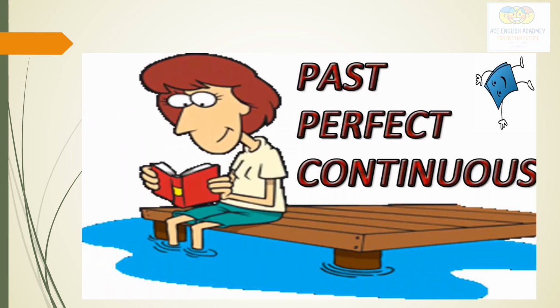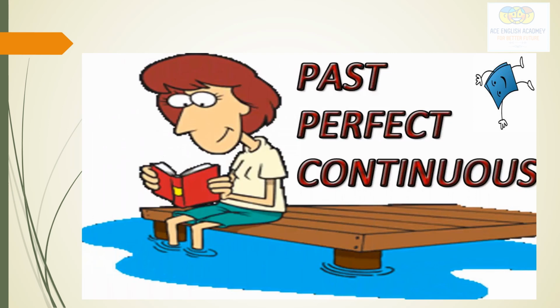For 5 years he had been working when I got the promotion. Till when did that action continue? When I got the promotion. So the action continued for some time. So the duration of the action is emphasized more here in the past perfect continuous tense, which is held in the past.